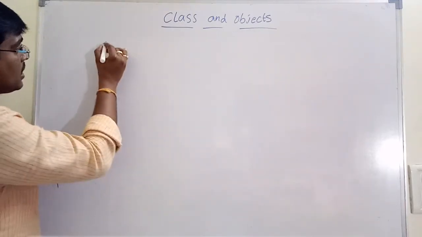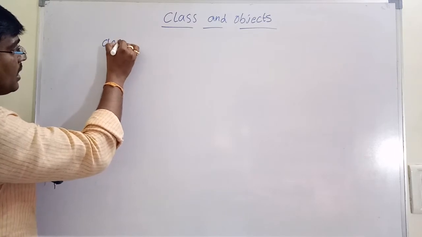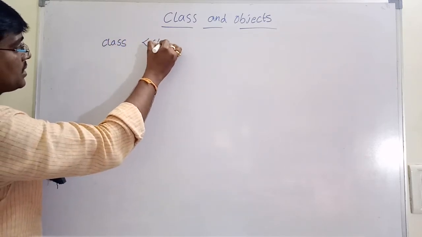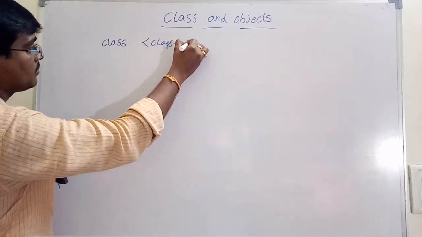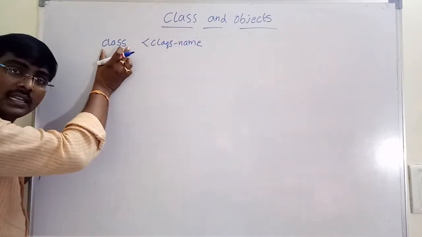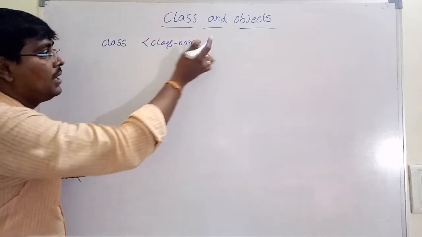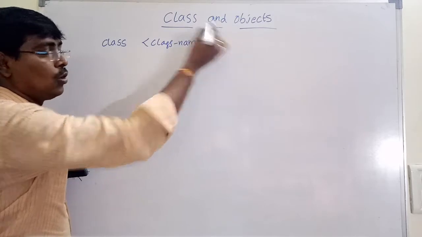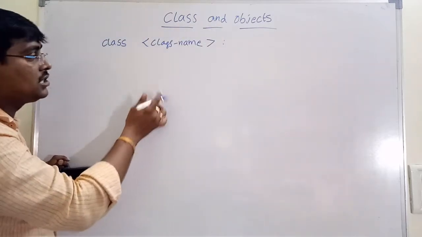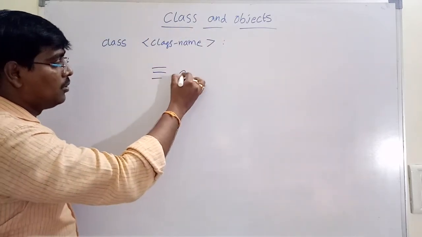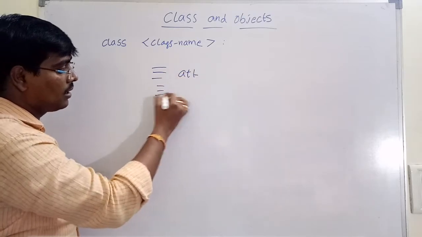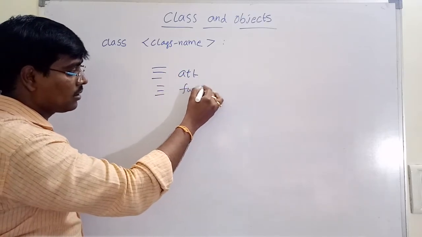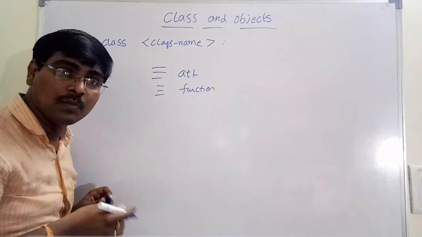A class is created by using the syntax: class, space, name of the class. The keyword is class followed by the name of the class and a colon. Within the class we write the attributes and the functions. These are called class members.